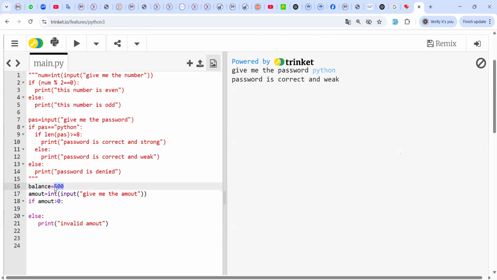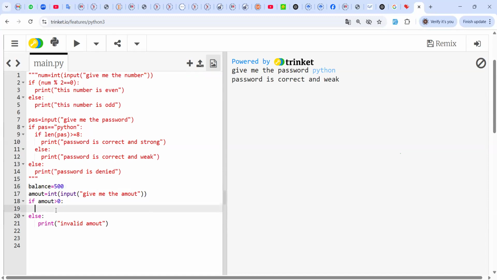Sure, because I have 500. Sorry? Yes, it's fine, because 200 is smaller than 500. But if we wanted to take 700, for example, we cannot take it because 700 is greater than 500.